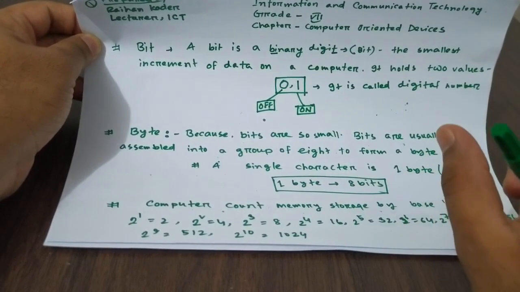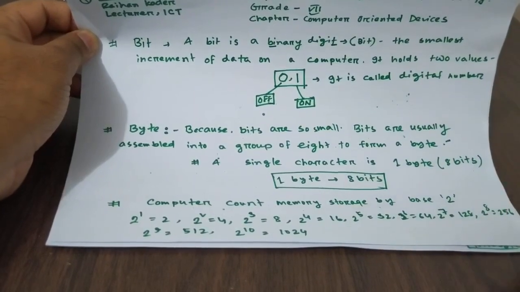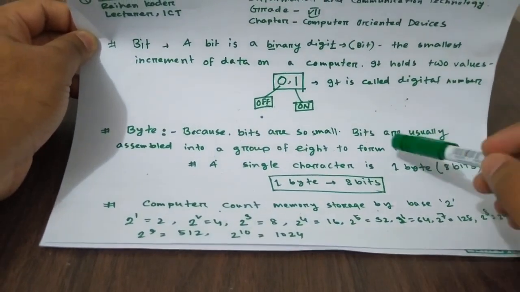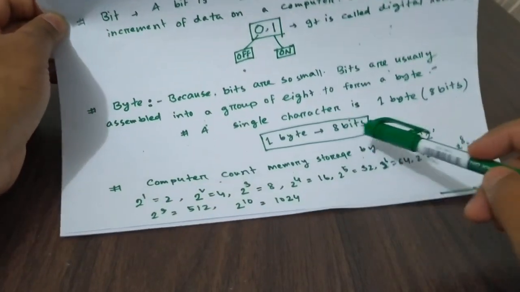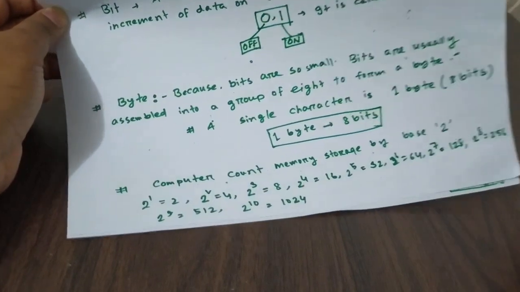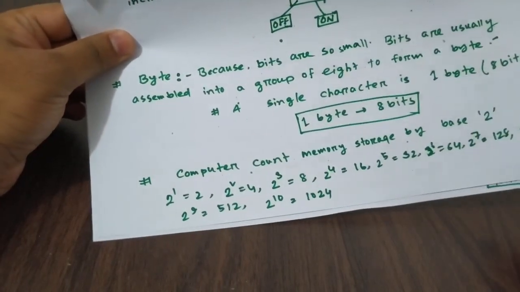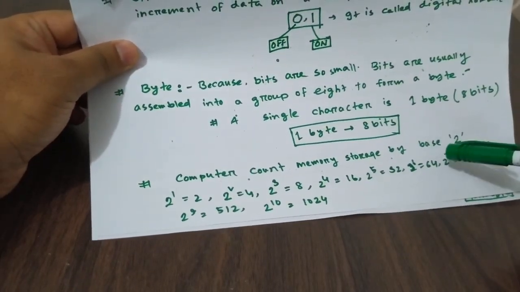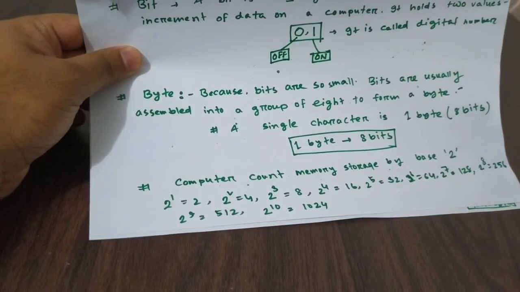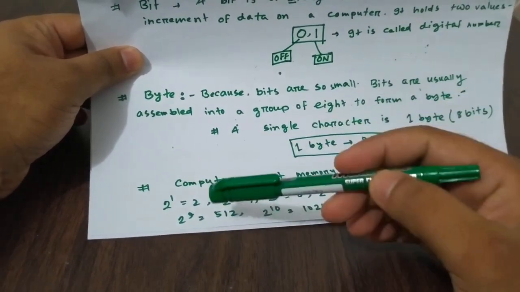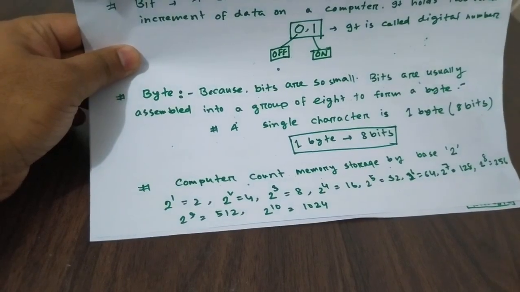A single character is 1 byte, so a single character contains 8 bits. Here you will see a byte contains 8 bits. Now what I want to discuss is that the computer counts storage by base 2. Computer storage always starts counting from 2.